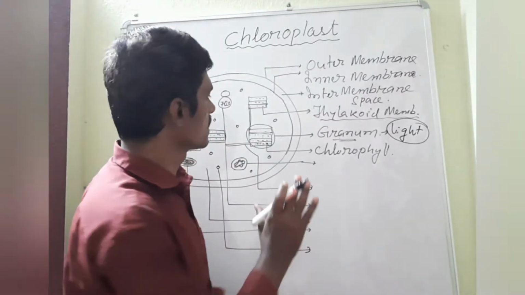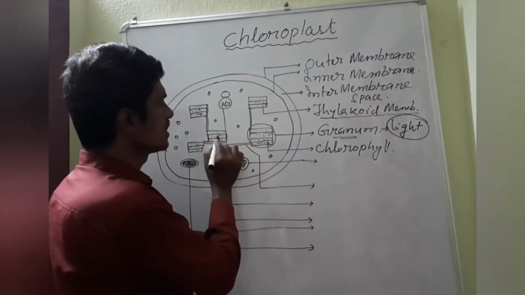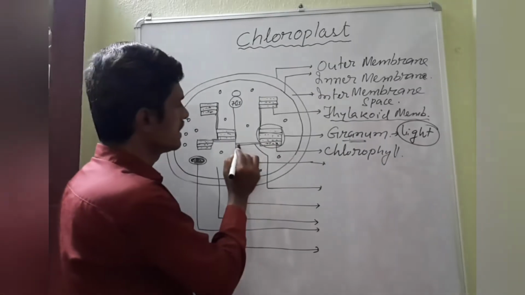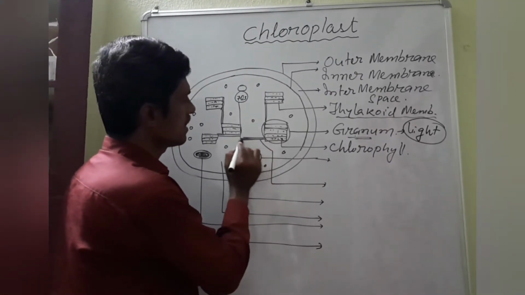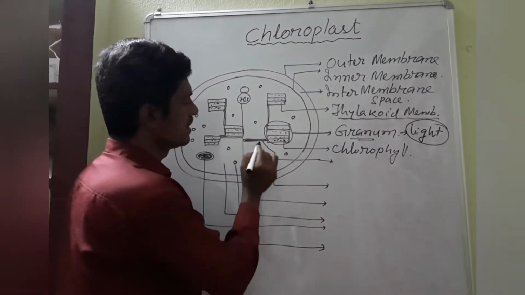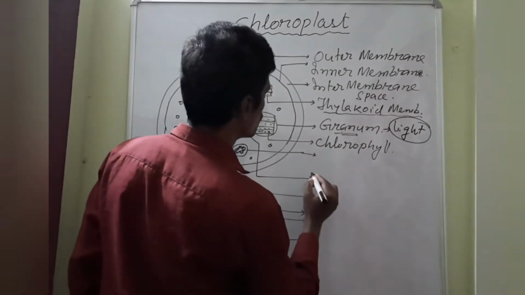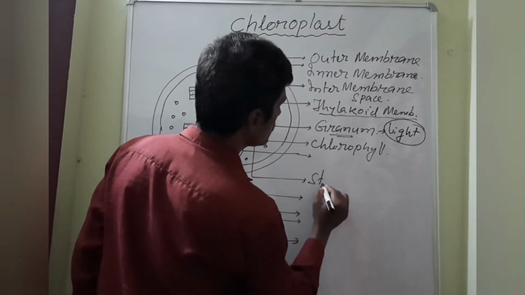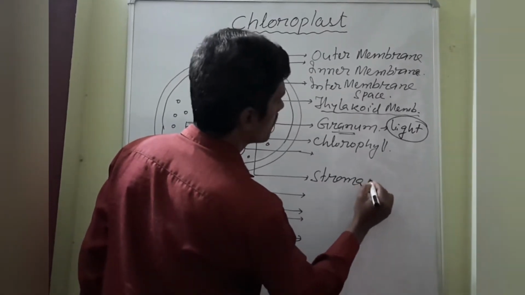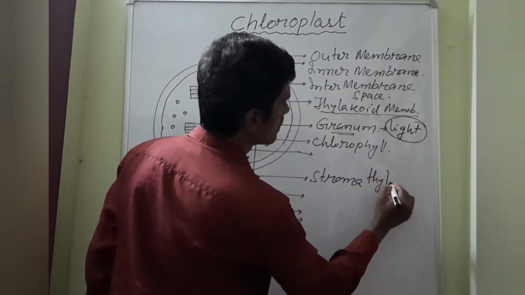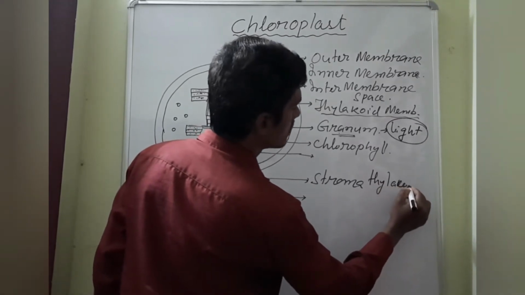Now we come to this granum. The two grana are interconnected by one structure, that is a link. This link is called stroma thylakoid.